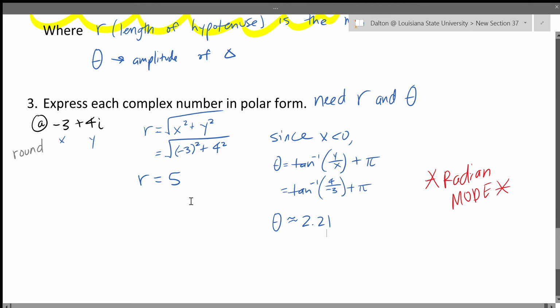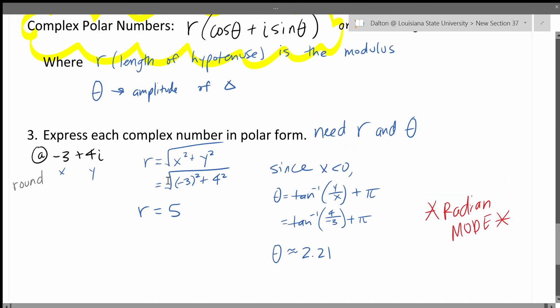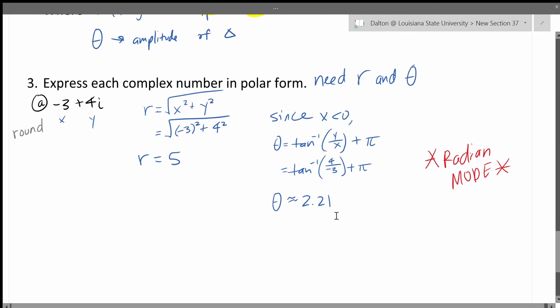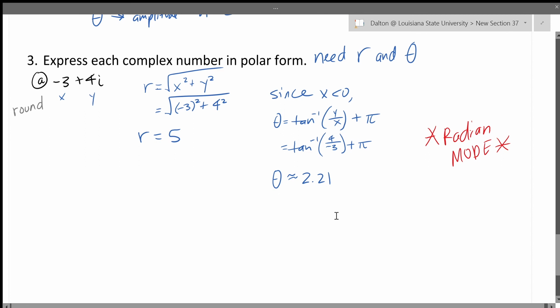So once you find r and theta, then you plug in these numbers into your complex polar number template, so to speak. So again, you can write that in two ways. You can write 5 times cosine of theta, which is 2.21, plus i sine of theta, again 2.21.